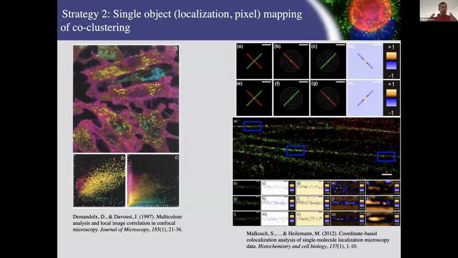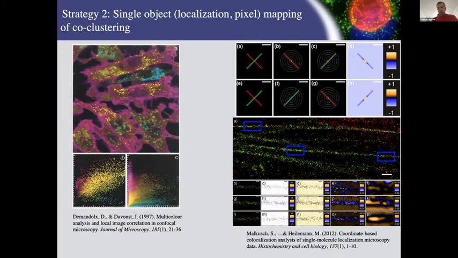And the third strategy that we have developed was especially useful, at least for us, because we looked at synaptic apposition, and for synaptic apposition, co-clustering or correlation of signal, in most cases, is going to fail, especially in super resolution microscopy, because sometimes you don't have any spots that overlap or correlate.